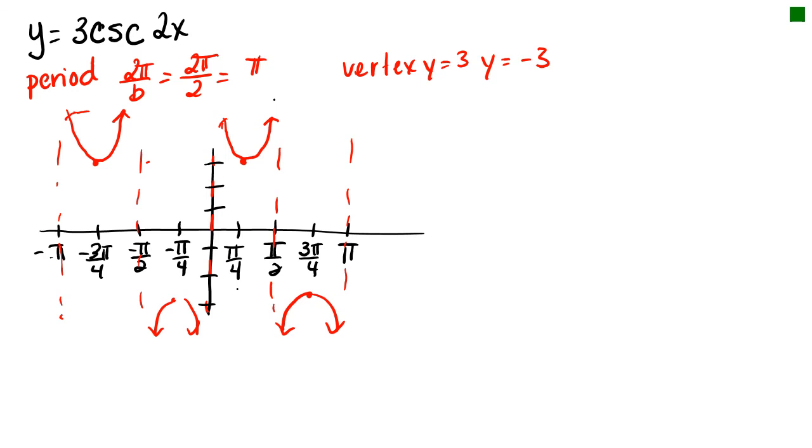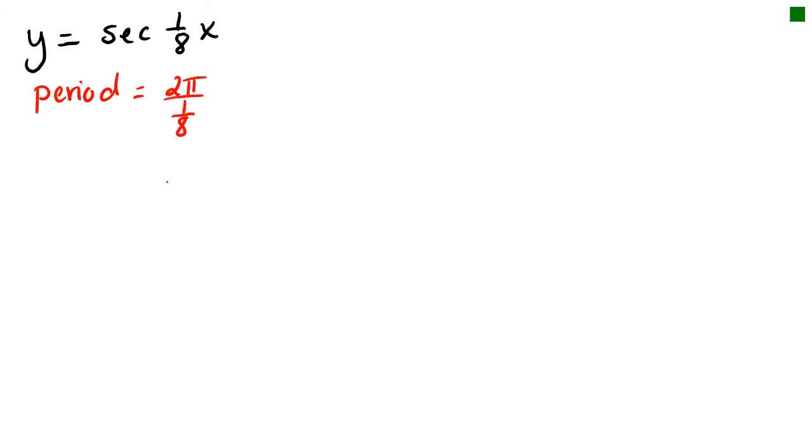All right, one more example. Our final example is secant. Our period is going to be 2 pi over b, which is 2 pi over 1/8, which is 16 pi.